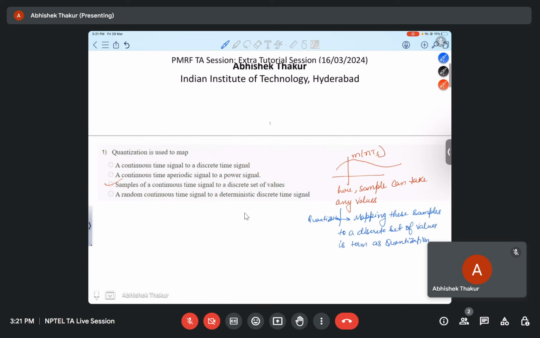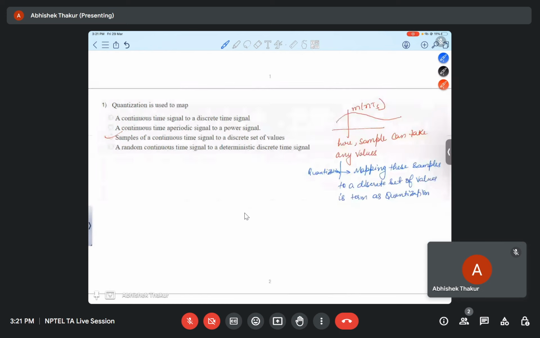So what is the purpose of quantization? The purpose of quantization is to convert these samples to the information bits, that is, to convert a message signal to the information bits.